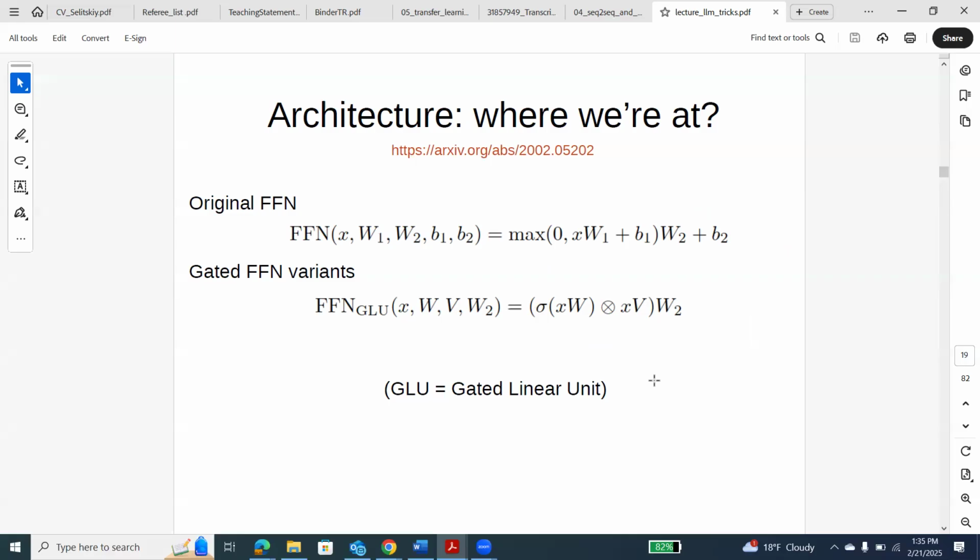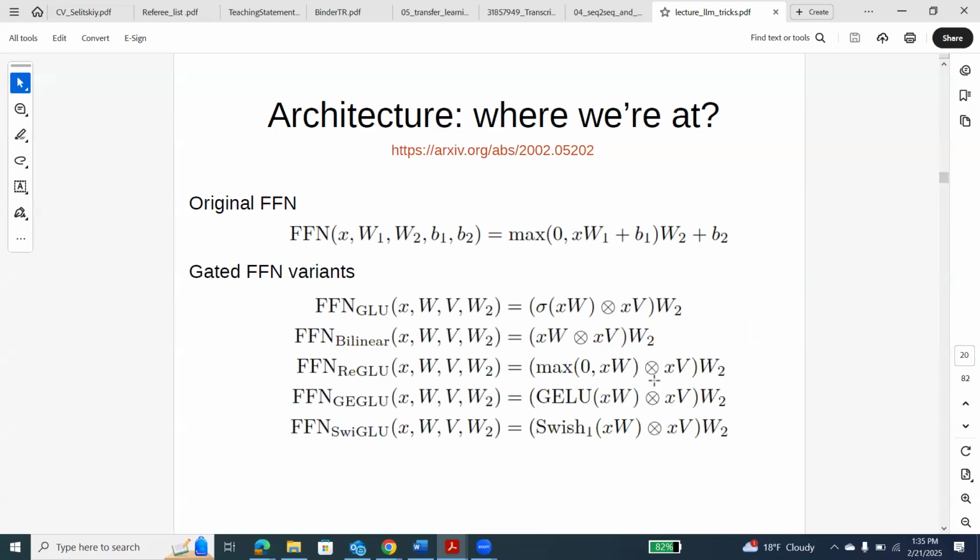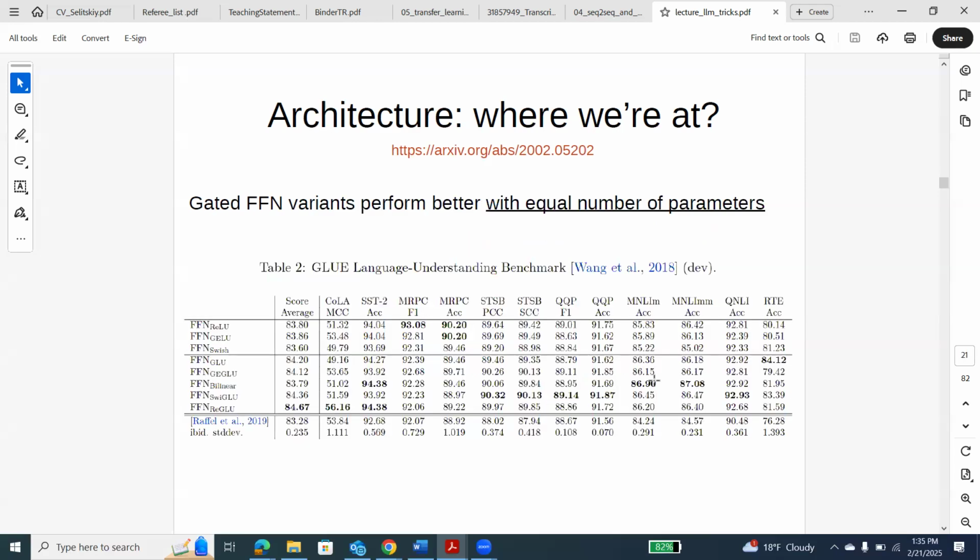It also increases the performance, and you can use different activation functions, and there is a comparison of which activation functions actually perform better. But the difference is not really significant. It's just in some decimals or maximum in just units.